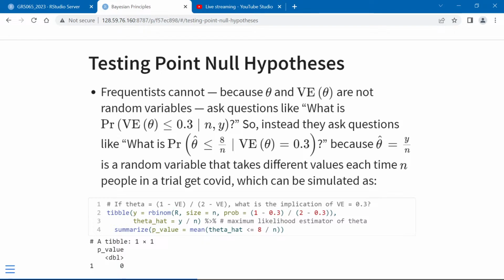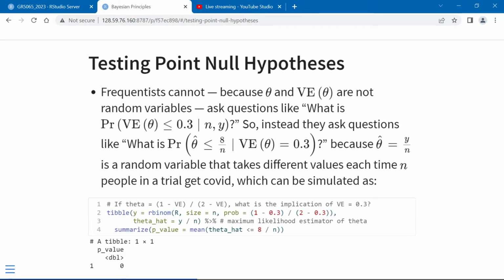But you're taking as given something that you don't actually know to be true. It's like, what if the vaccine effectiveness was 0.3? And then you're asking a question about the estimator, which is a random variable, because every time we get people with COVID, who is and is not vaccinated is the random process.